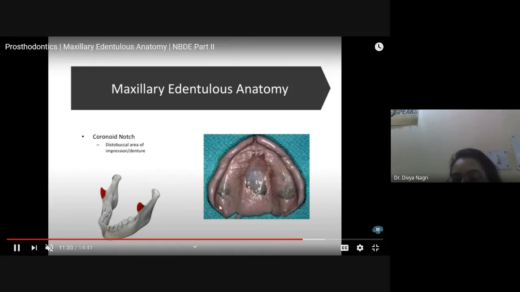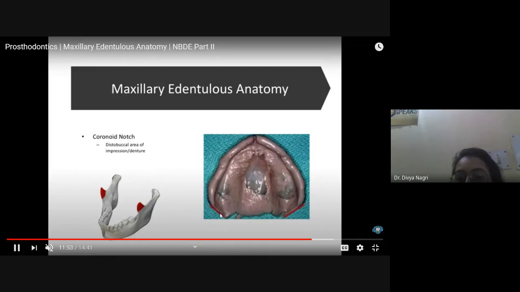Here will be somewhere at the back side. This part is your hamular notch. And here is this part which is being marked.